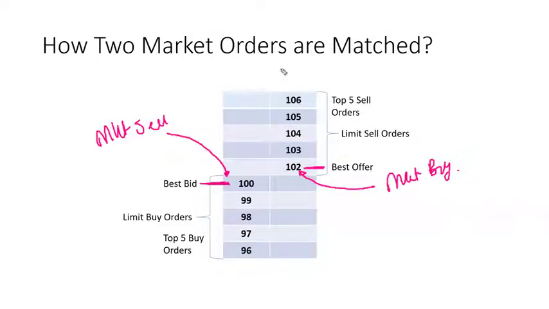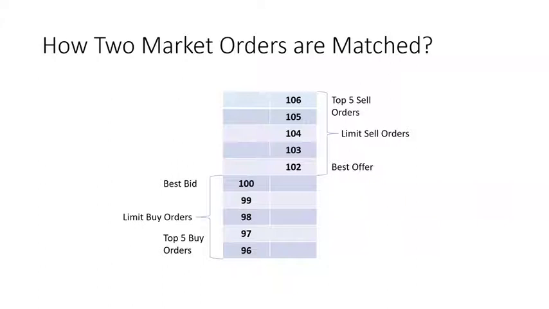Now we want to understand how two market orders will be matched. Now what we saw, that if two traders come to the market and they sell and buy at 101, what will happen?